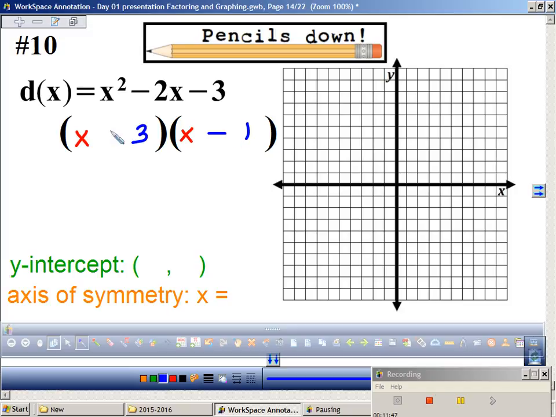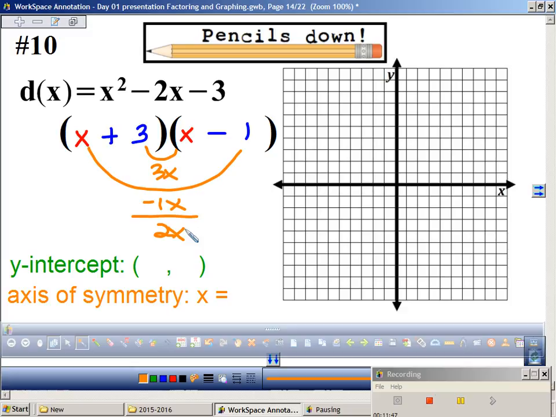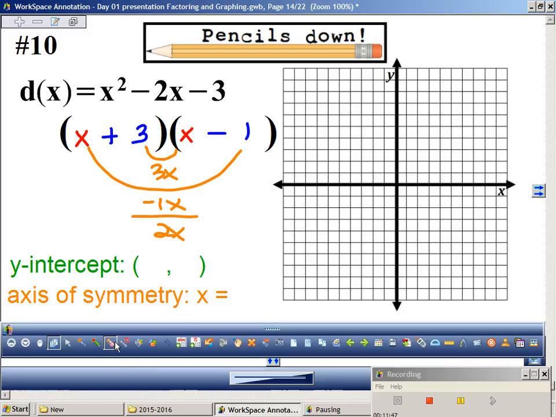If I make this one negative and this one positive, and I do my whole rainbows and checks, I get 3x and -1x, which makes +2x. This says negative, so I need to switch it.